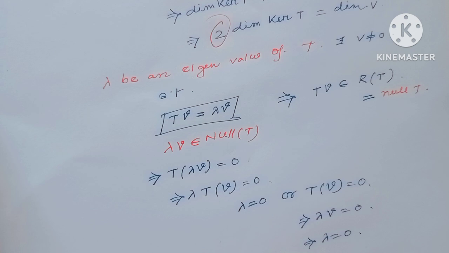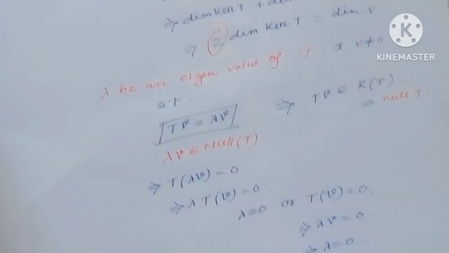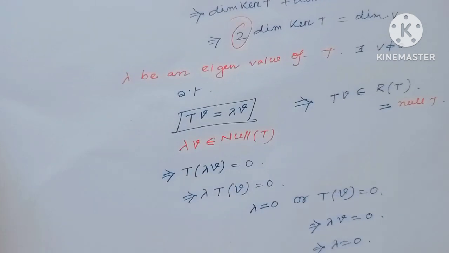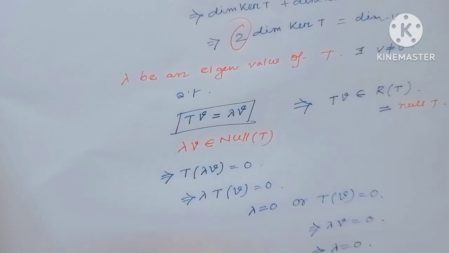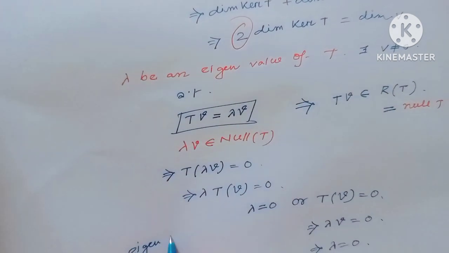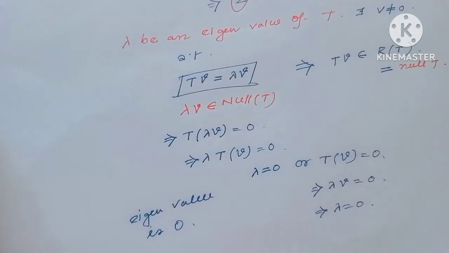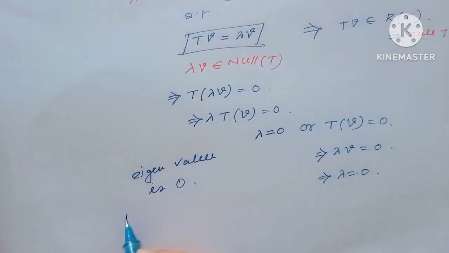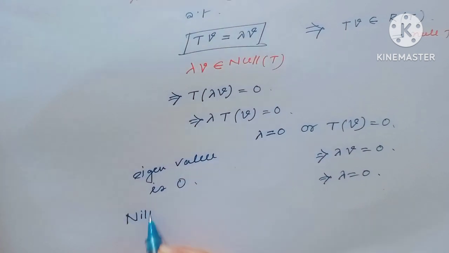I hope all my viewers have understood this. So when the range of T and the null space are both equal, the eigenvalue is 0. And when the eigenvalue is 0, we all know that the operator is a nilpotent operator.